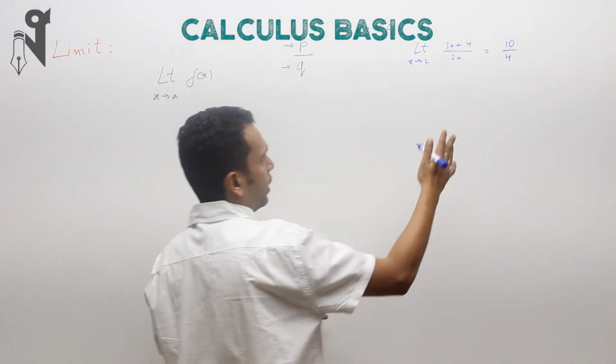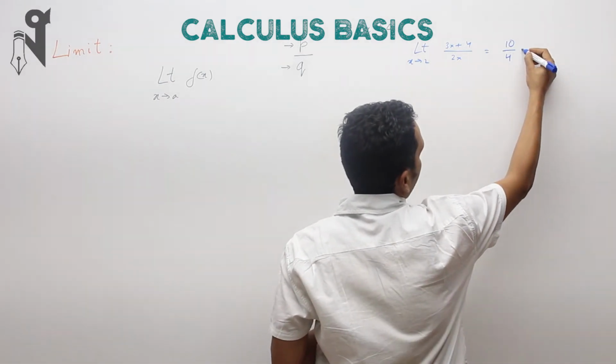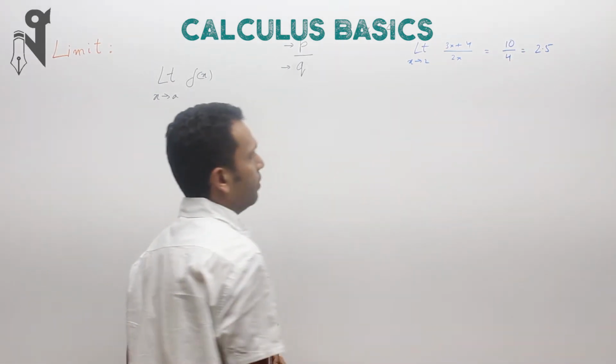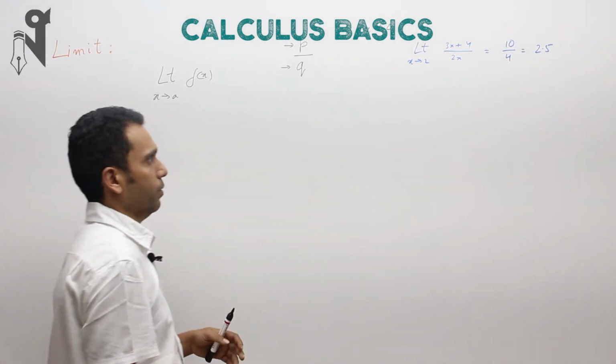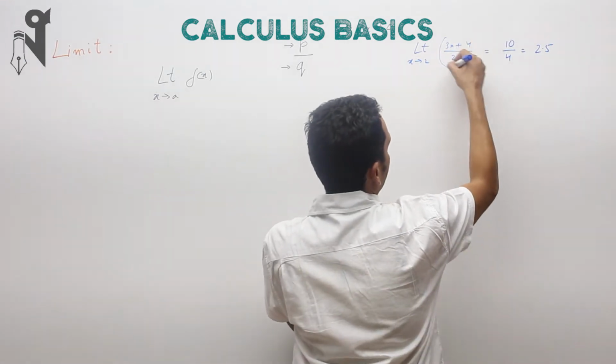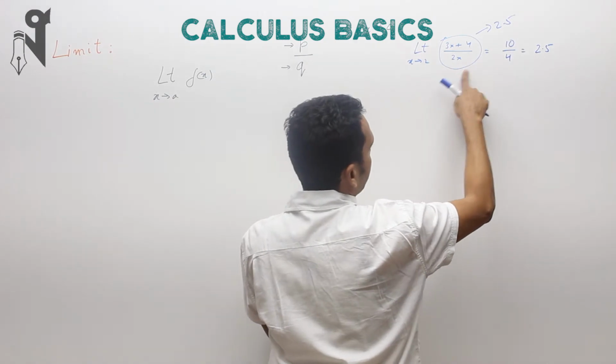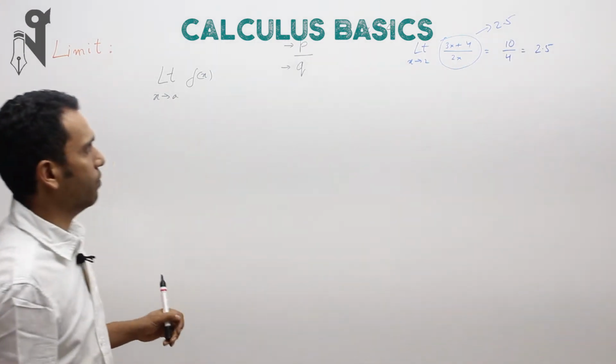So almost 10 divided by almost 4 is 5 by 2 or 2.5. So the limit answer will be 2.5. The answer is approaching 2.5, and the limit of this is said to be equal to 2.5.